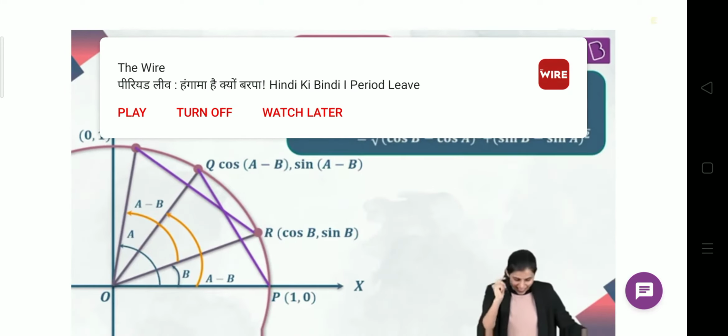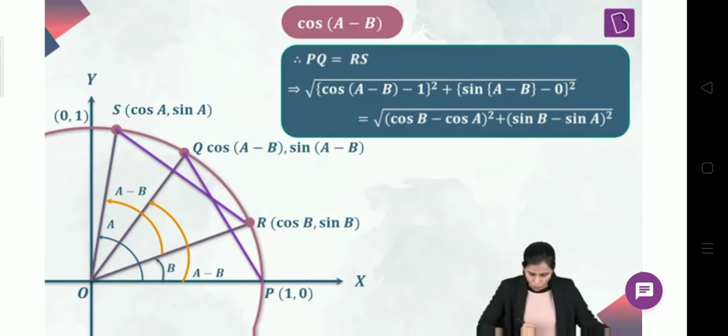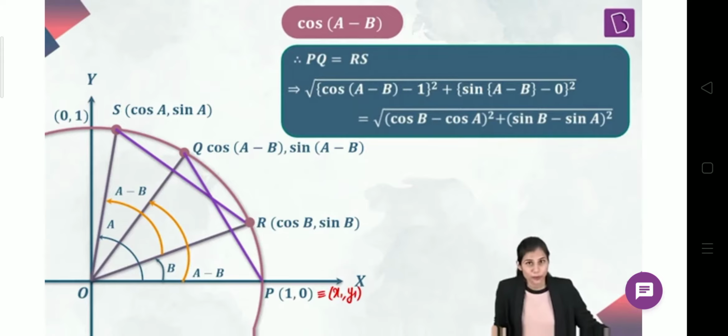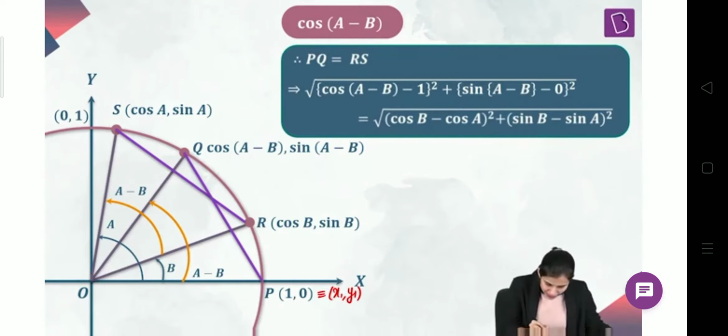Isn't it? Now, if you just focus on the PQ chord, let me treat this as x1, y1, and let me treat this as x2, y2.